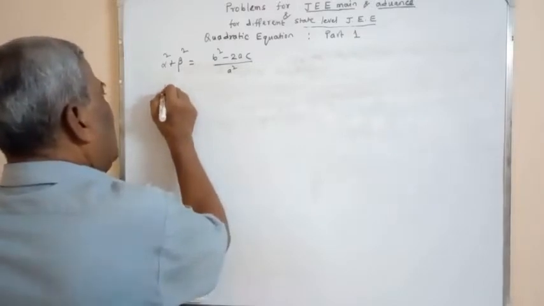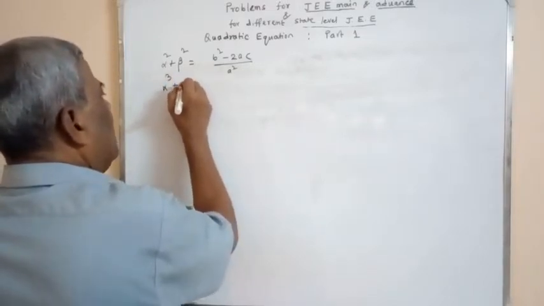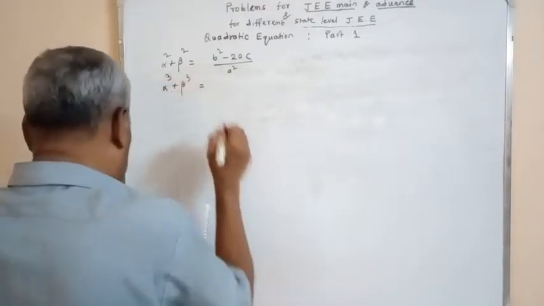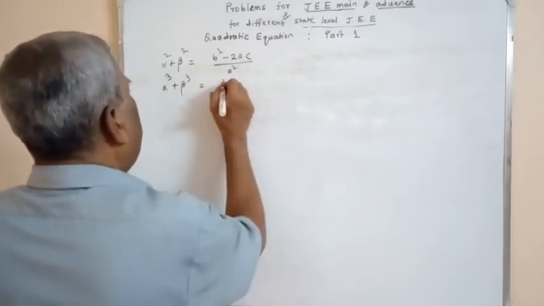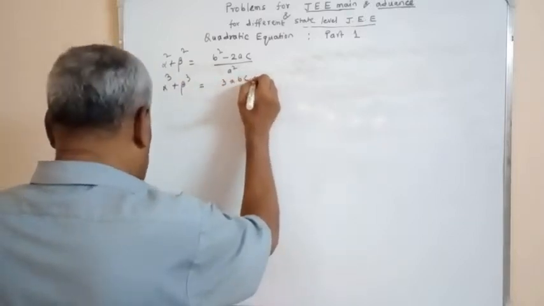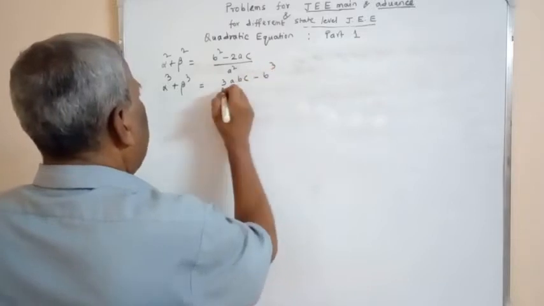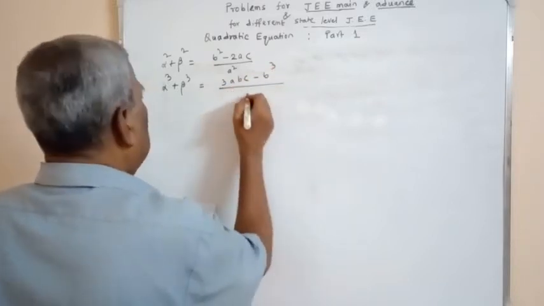Number 2: alpha cube plus beta cube is equal to (3abc minus b cube) divided by a cube.